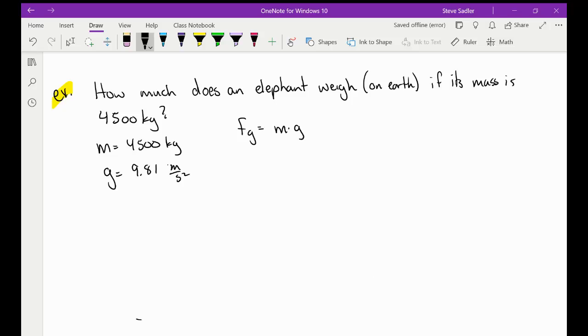So we can calculate that by saying 4,500 kilograms multiplied by 9.81 meters per second squared, and we get that an elephant weighs 44,145 newtons.